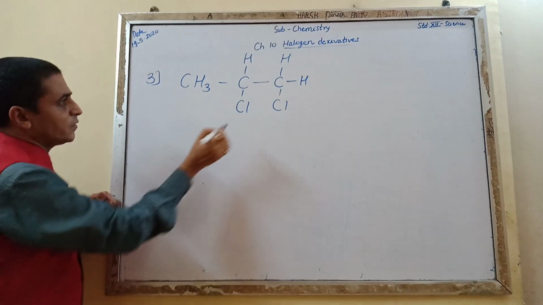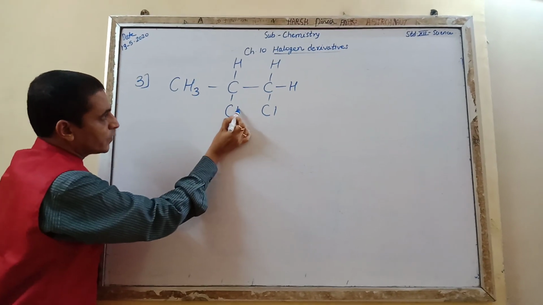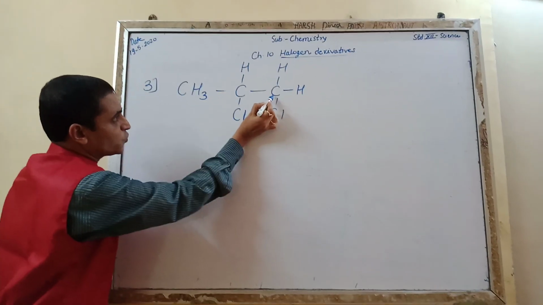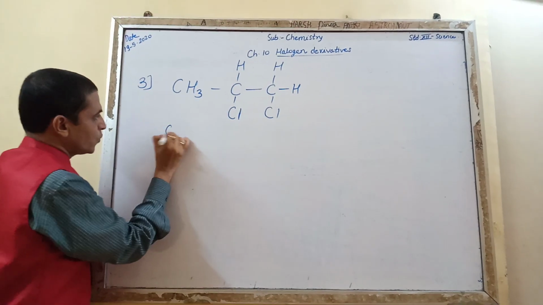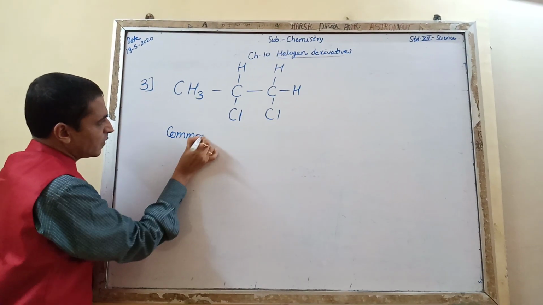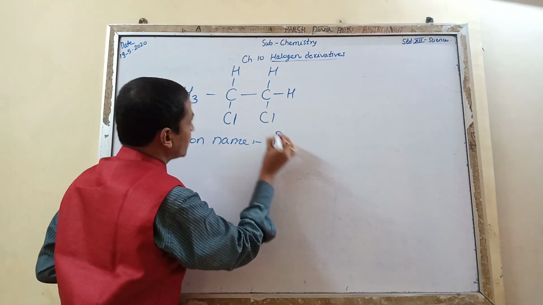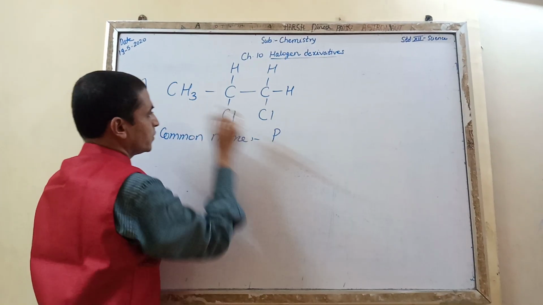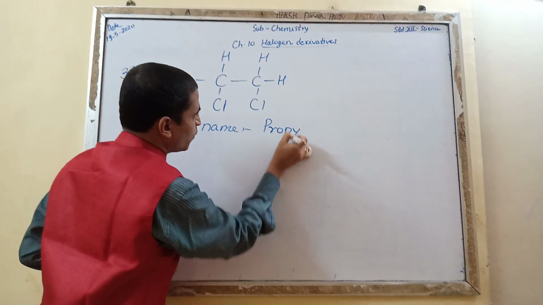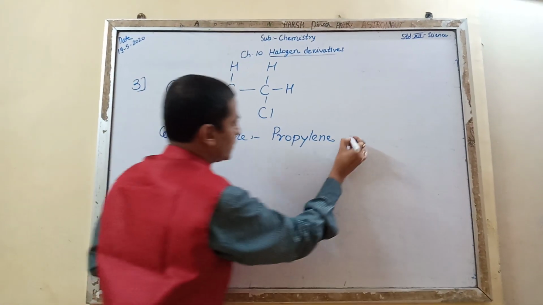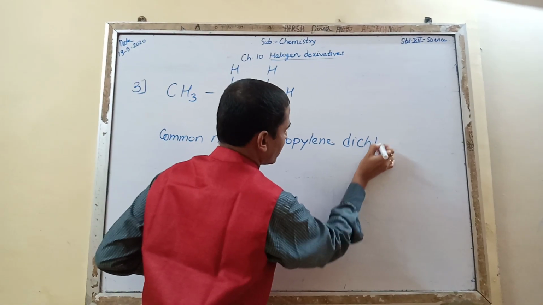Now again see, there are two chlorine atoms attached to adjacent carbon atoms. So its common name can be written as, there are three carbon atoms, 1, 2, 3, propylene dichloride.